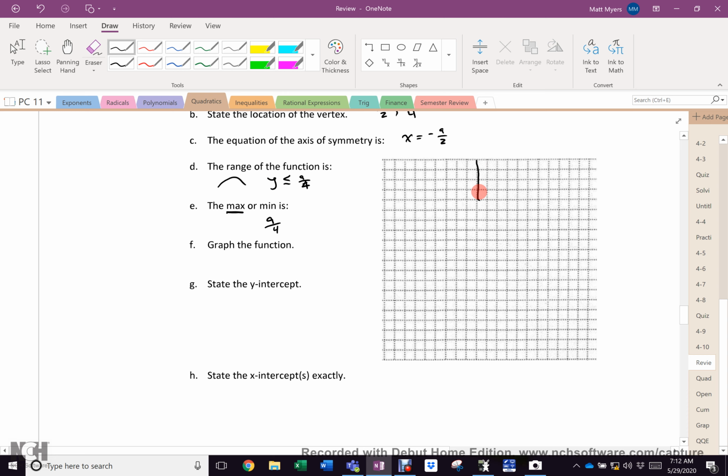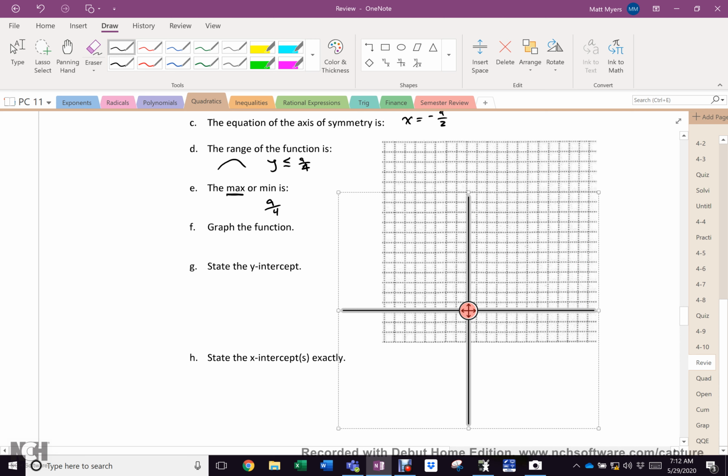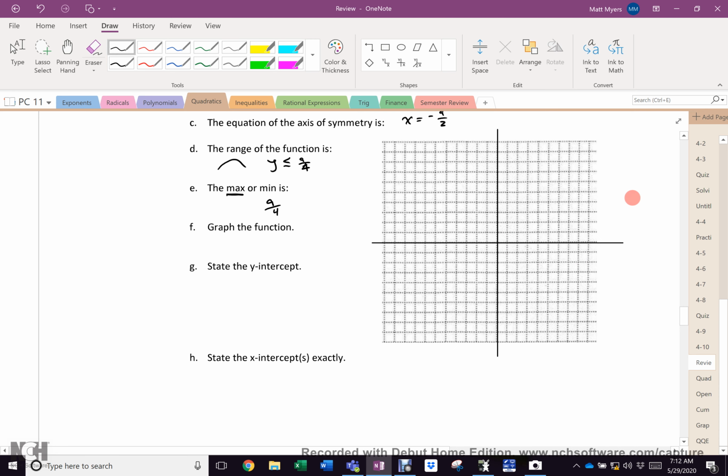Graph it. Now, the easiest way to graph this, I know you don't like it, is to leave it in fractions. So, negative 9 halves.